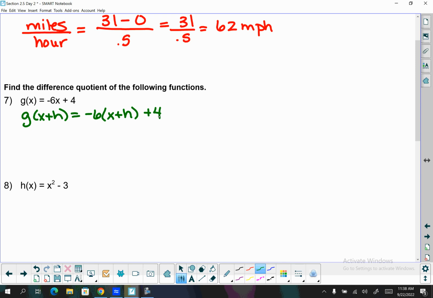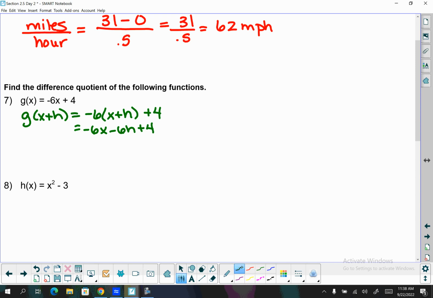And then what can I do to simplify that? Can I simplify that? Distribute, yep. Negative 6x minus 6h plus 4.